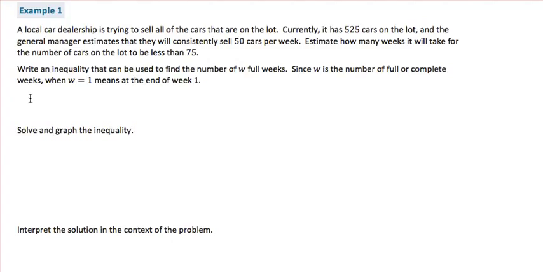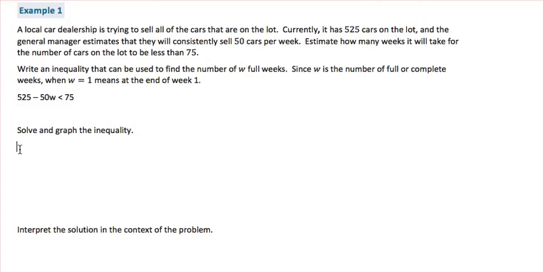Okay, so the first thing we're going to do is write the inequality. And our inequality should be 525, that's the total number of cars, minus 50 times the number of weeks. And we want to know when that is going to be less than 75.